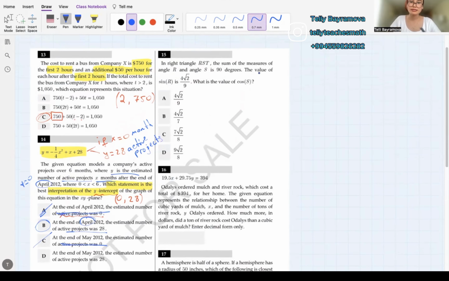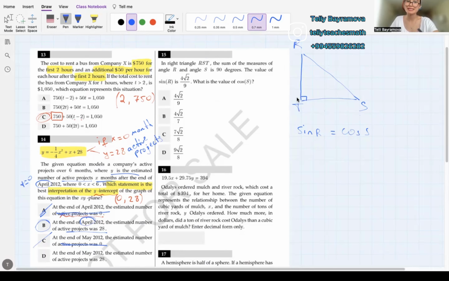In a right triangle, the sum of the angles, okay, we said that the sum of the acute angles is 90 degrees. It means that the angles are related, for sine and cosine. Okay, the measures of R and S, sorry. This is R, let's say T and S. So sine R equals cosine S, right?